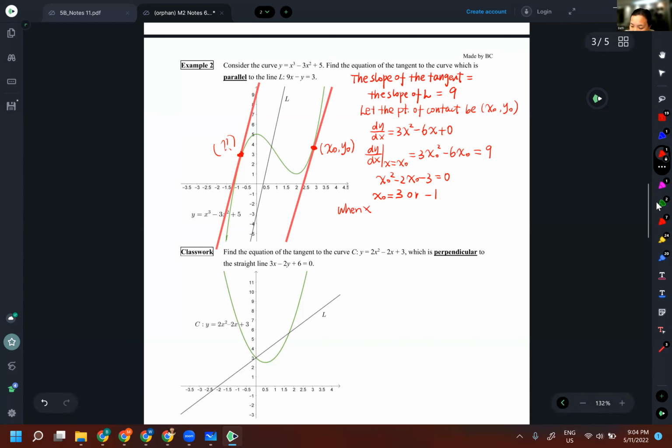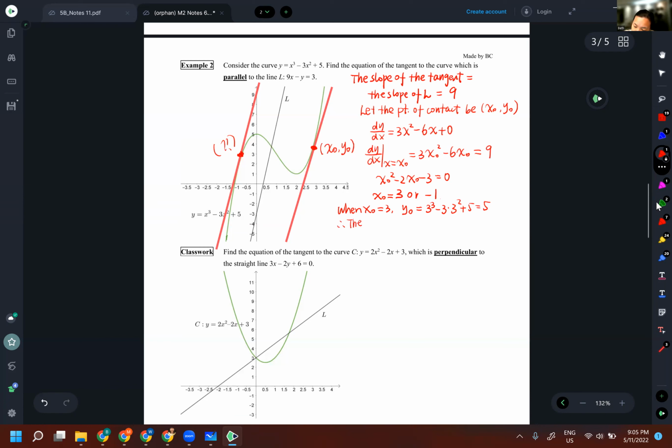When x0 equals 3, y0 equals, I'm going to use the curve to find y0. So y0 equals 3 cubed minus 3 times 3 squared plus 5, equals 5.